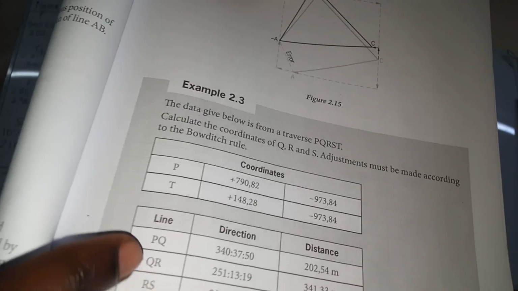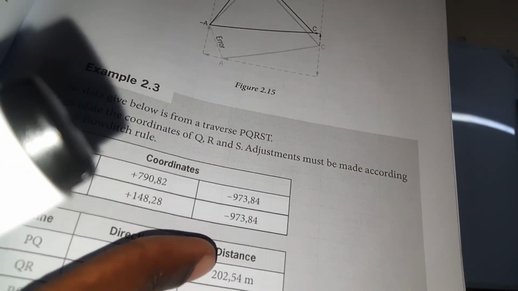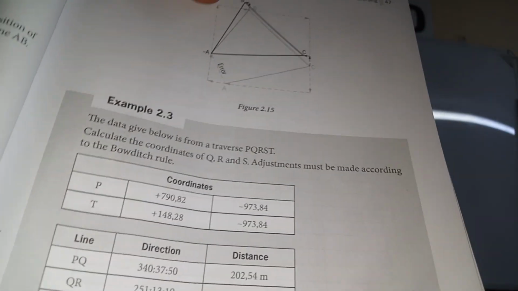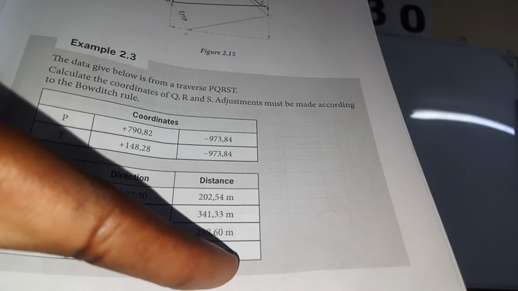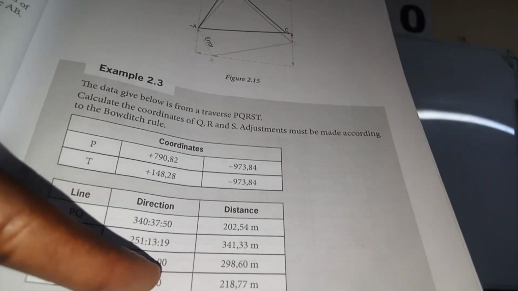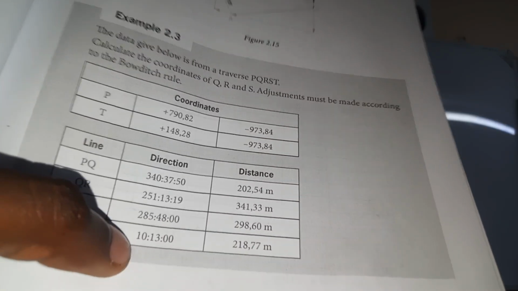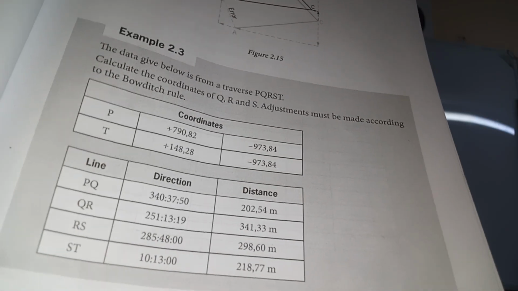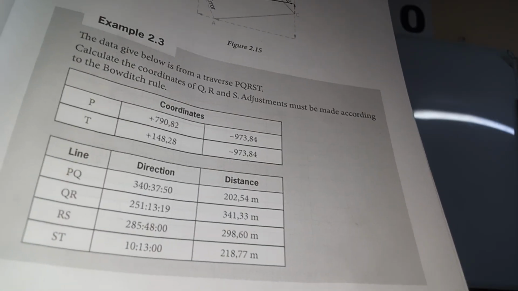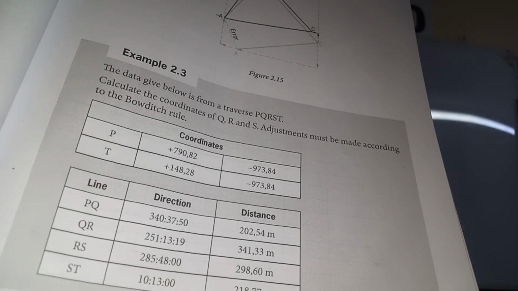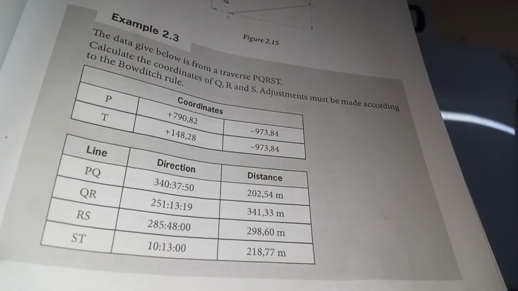We have P, Q, R, S. So this is the direction for P, this is the distance for P. The direction for Q and the distance for Q. The direction for R and the distance for R, and then the direction for S and the distance for S. So we have direction, distance, direction, distance, direction, distance for every traverse. We also have coordinates, which are P and T. We have the Y and X coordinates. So let us dive into it.